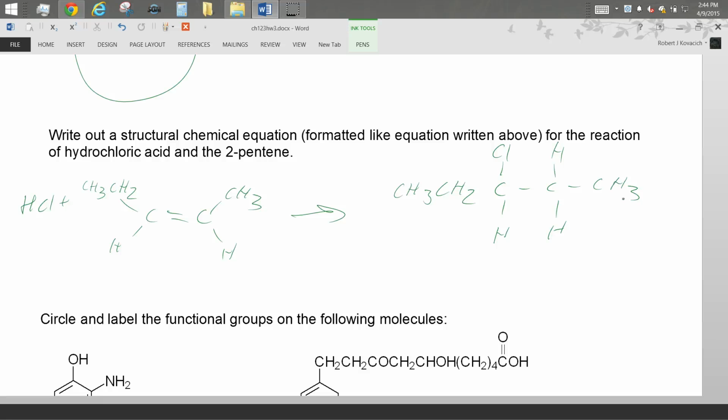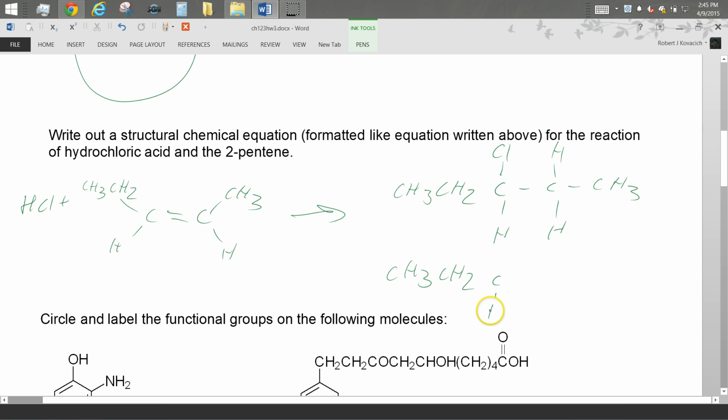So the double bond broke, and then the H went to one and the Cl went to the other. So do I have another product? I'd get both of those.